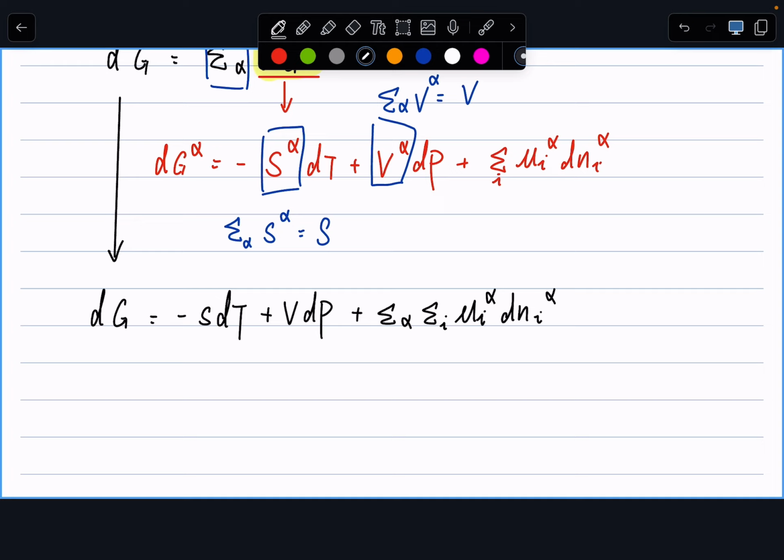So back to this equation here, when we're talking about material equilibrium, what are the things we know? We know that dG equals 0 at equilibrium, or more specifically, at material equilibrium at constant temperature and pressure.